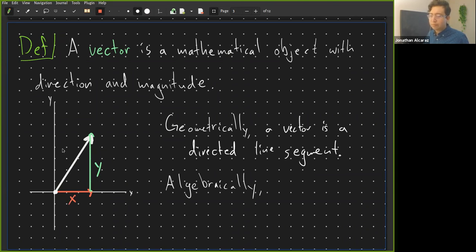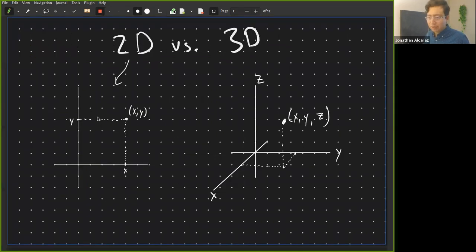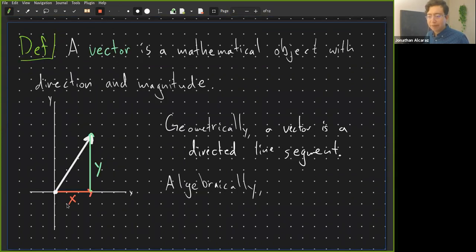Just like a point in Cartesian coordinates, you can break it up into its x and y coordinates, or x, y, z coordinates. You can do the same with a vector, except you're breaking it up into components that are also vectors. Basically, if you're thinking of this as an instruction, or a direction you need to move, you can move in this direction by moving this direction first and then this direction. So you can break it up like that.